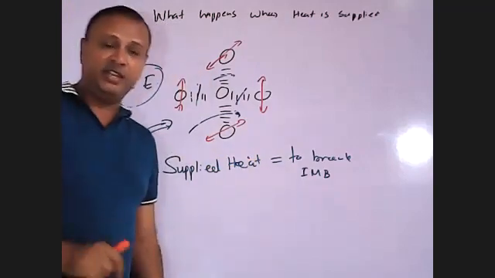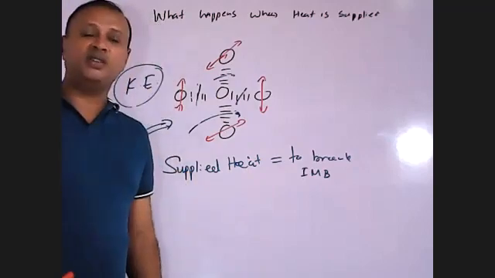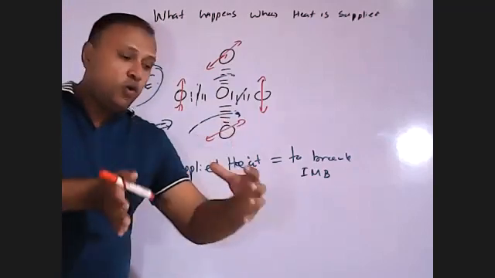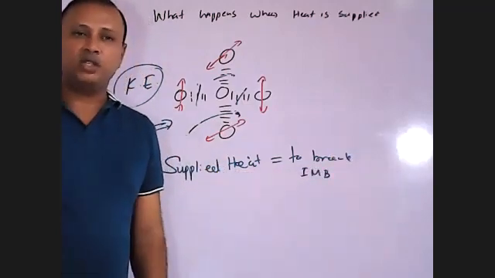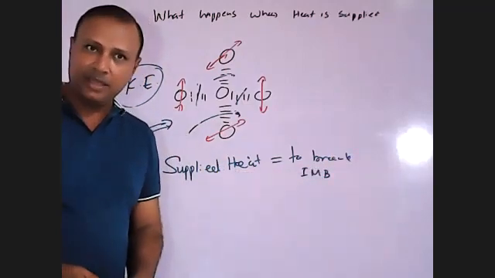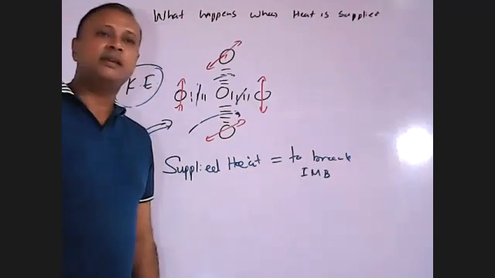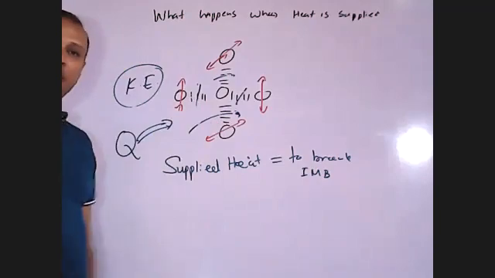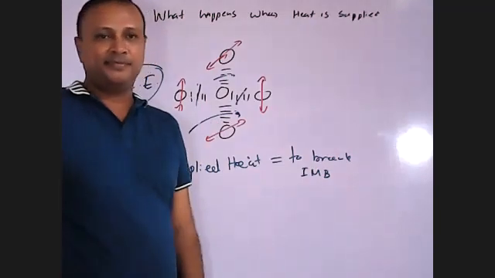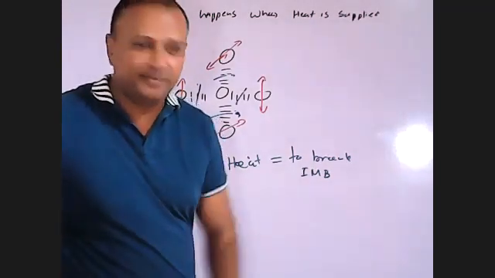Temperature depends on kinetic energy, and kinetic energy remains constant. Therefore, during a phase change, temperature remains constant. But the object receives heat, and that heat is utilized to break intermolecular bonds. Did you get my point, everyone?